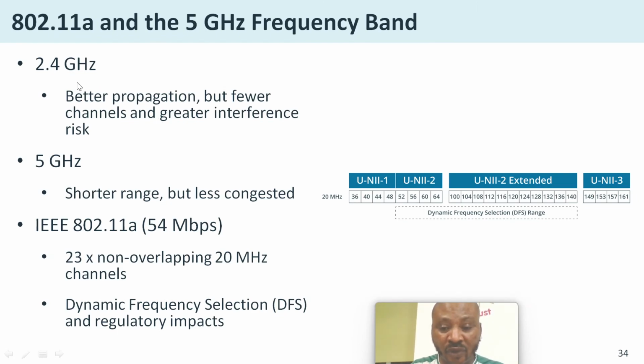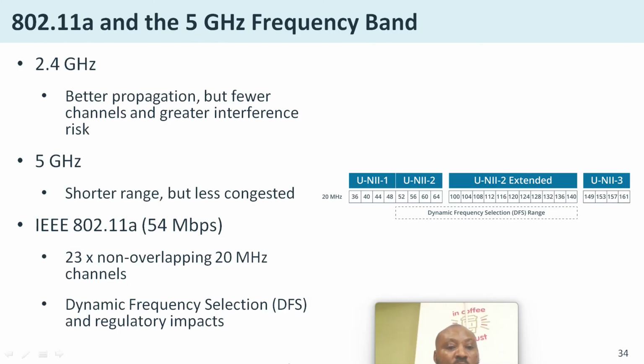Bluetooth comes at 2.4, so they usually have interference. Your microwave and your washing machine also use 2.4. But it has better propagation and can travel far. That's why at times you could be here and see somebody else's access point or Bluetooth, because they have better propagation.